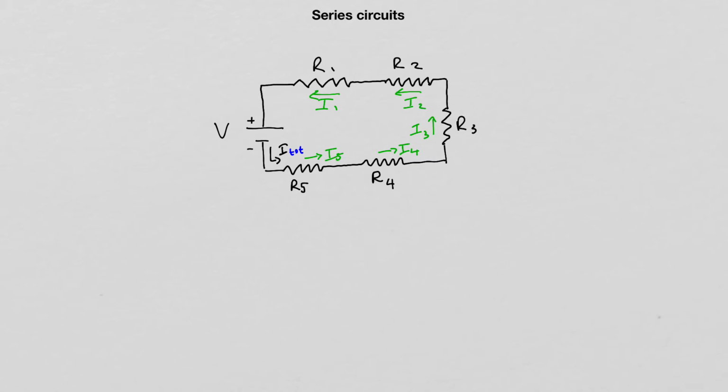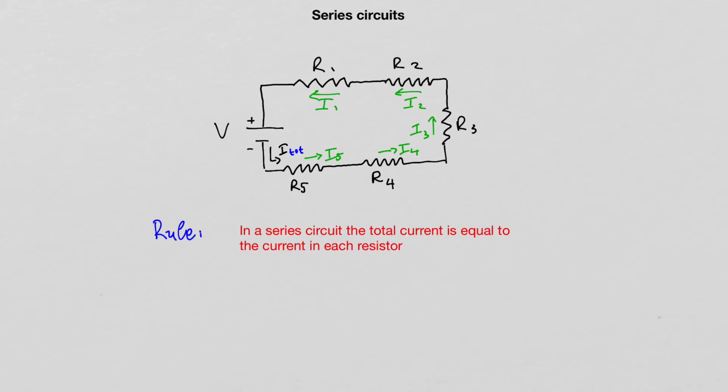So we have 2 main types of currents here. We have the total current in the entire circuit that is supplied by the power source, and then we have the current in each individual resistor, and these currents are indexed with the number of the resistor in the circuit.